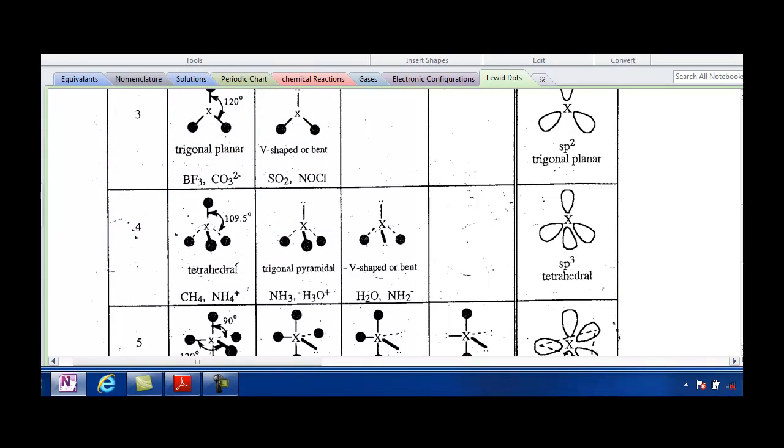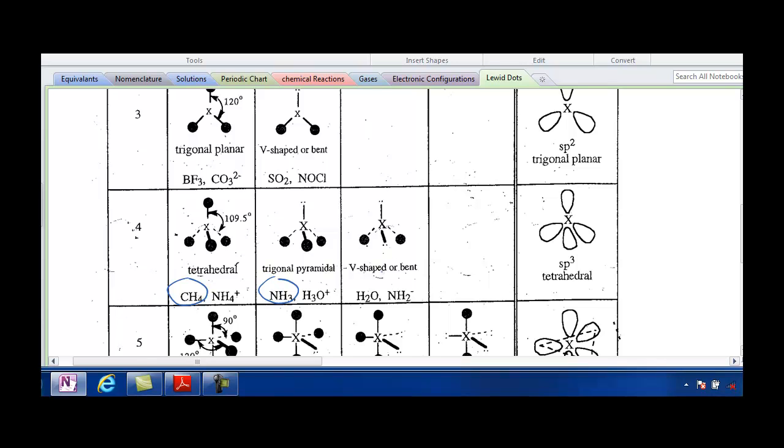But in the case of NH3, I do have a lone pair. I have my nitrogen HHH, so I have a lone pair. So my electronic geometry is still tetrahedral. I have 4 clouds of electrons pointing towards the vertices of a tetrahedron, but I only have 3 H's, a nitrogen HHH. So the shape, the molecular geometry, is pyramidal.